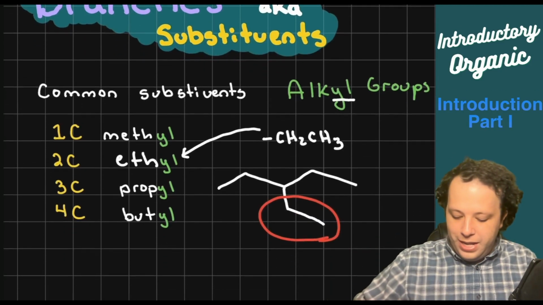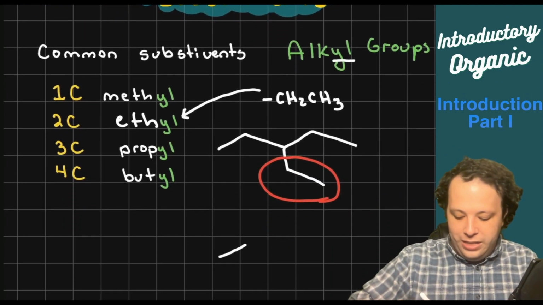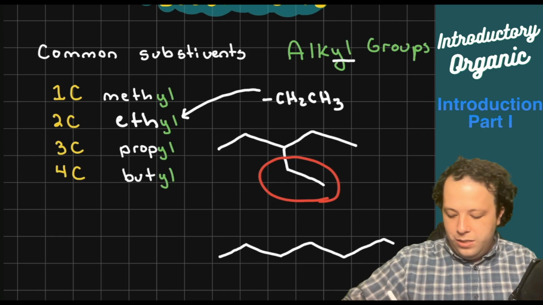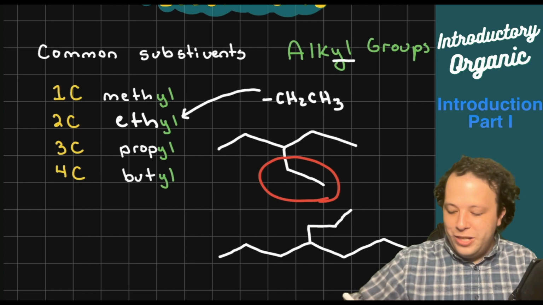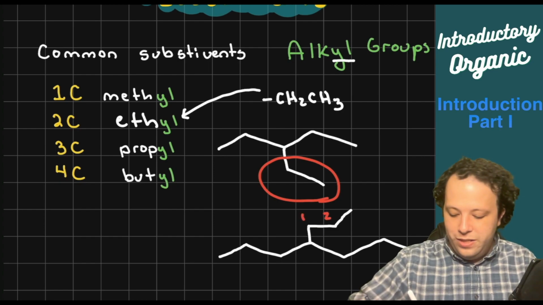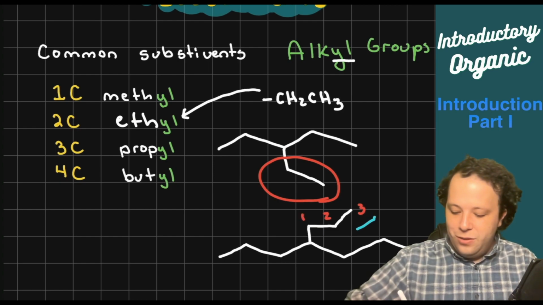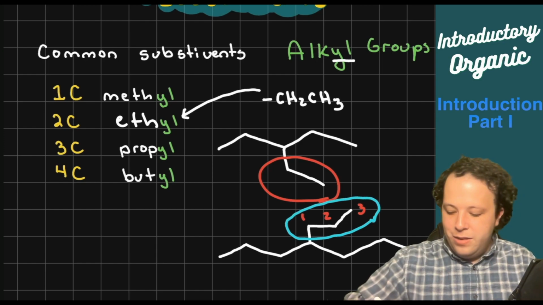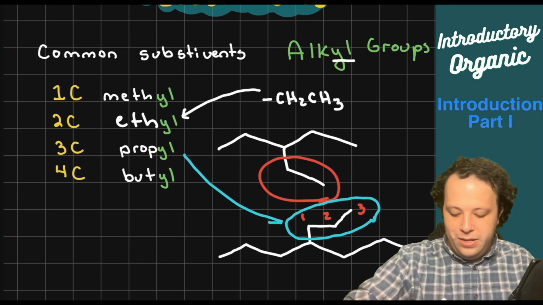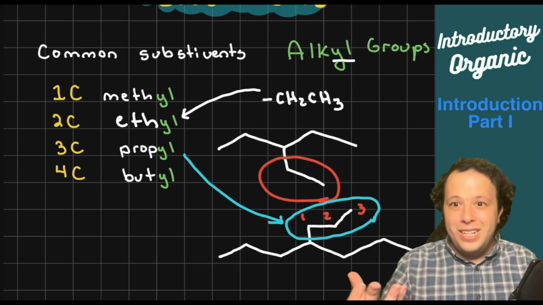So let's say if we had a longer chain here, and I decided to add a 3-carbon chain to the end, which is 1, 2, 3, this would be an example of a propyl. Okay, so that would be propyl, right? So 3 coming off.